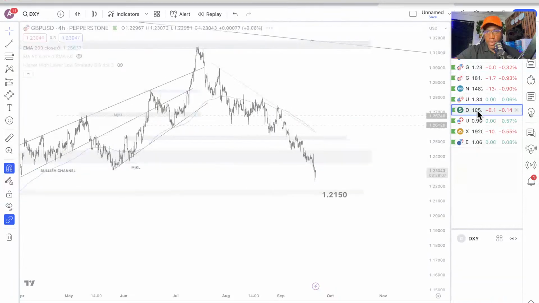So just a recap on the dollar index. Load up the dollar index.